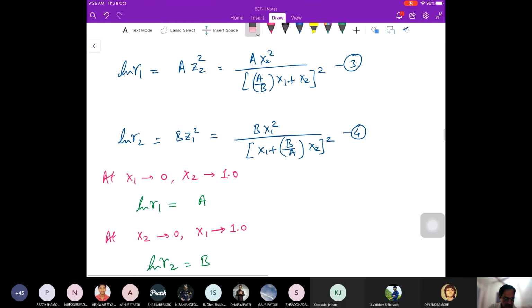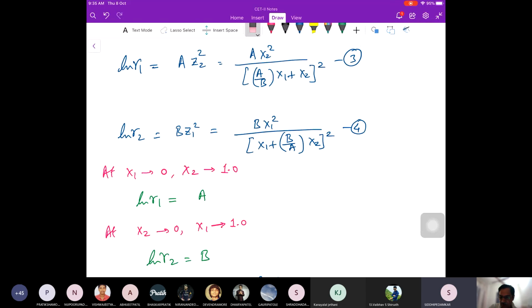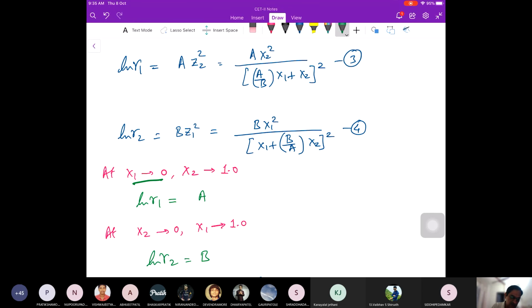And Siddhi, are you there? Yes, sir. Right, this is what was there in the hint in your problem. This is what we had to do. What was given to you: at infinite dilution, when x1 is tending to 0, that is infinite dilution.